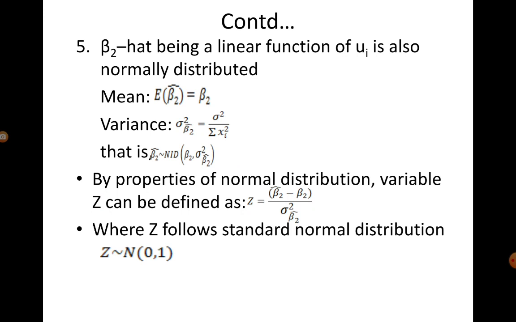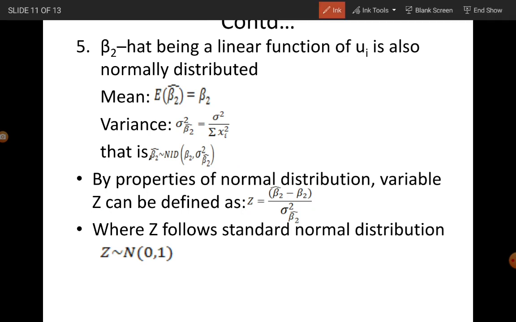Similarly, beta 2 hat is also a linear function of ui, and therefore it will also be normally distributed. Its mean will be equal to the population parameter beta 2. Its variance, we have derived it in detail, is sigma square divided by summation xi square.